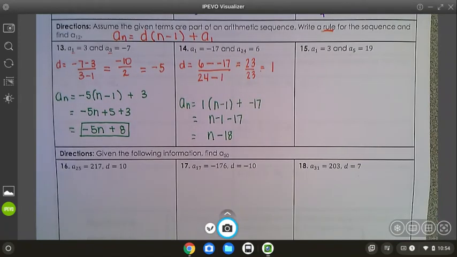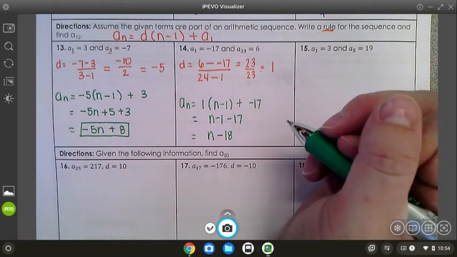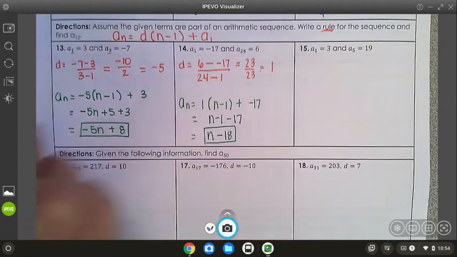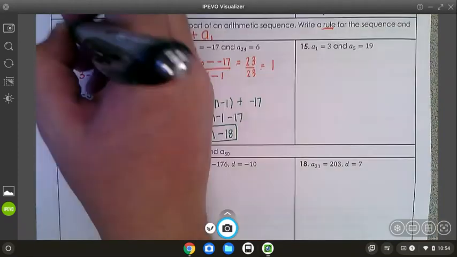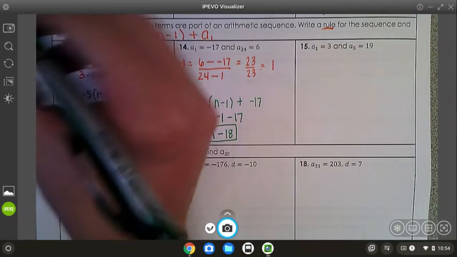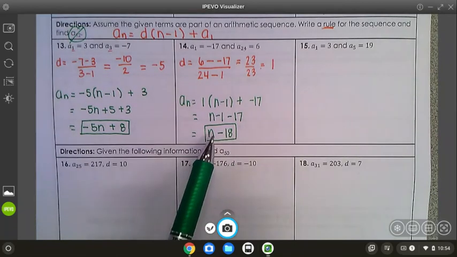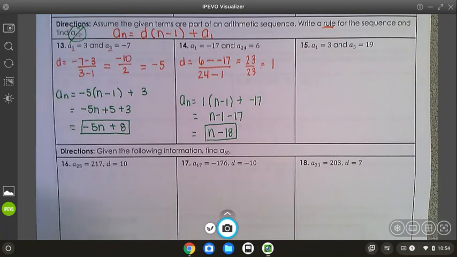And we get n minus 18. And I just realized it does say to find a_12, and I've totally been missing that. So we're just going to pretend that's not there because we don't have room anyway. If I wanted to find a_12, we would just plug in a 12 for n.